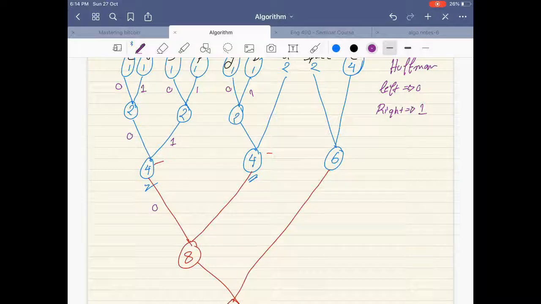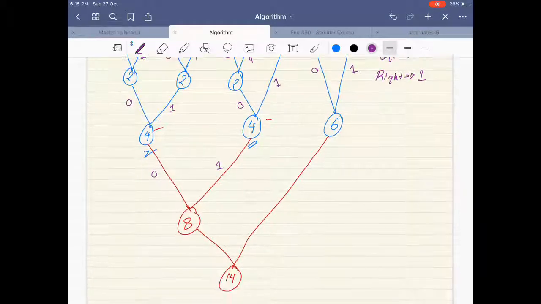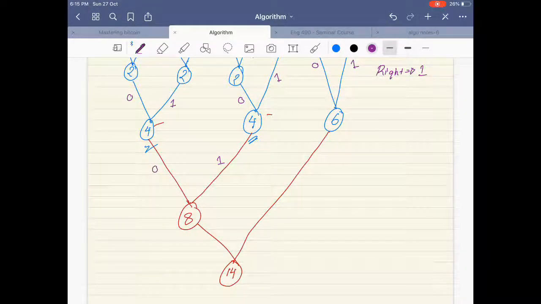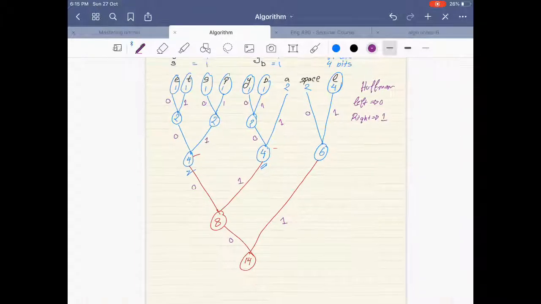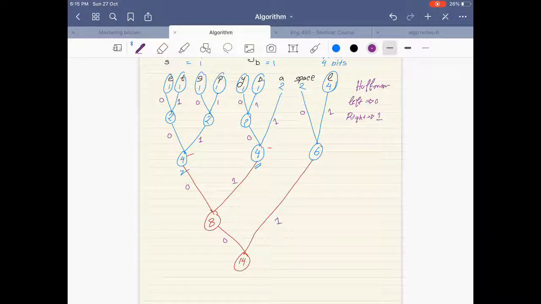So this is 0, so this would be 1. So this is 0, this is 1, 0 and 1. So this is 0, this is 1. So you have labeled each edge with a particular binary number, either 0 or 1.